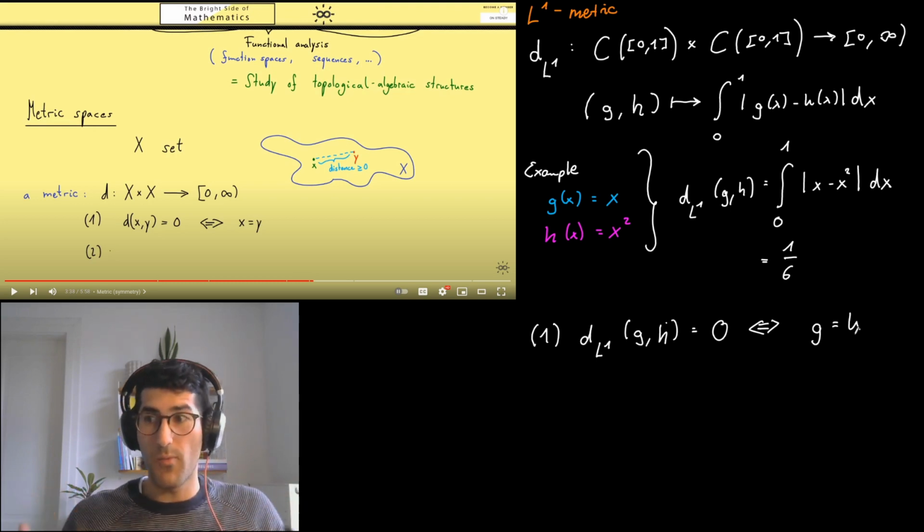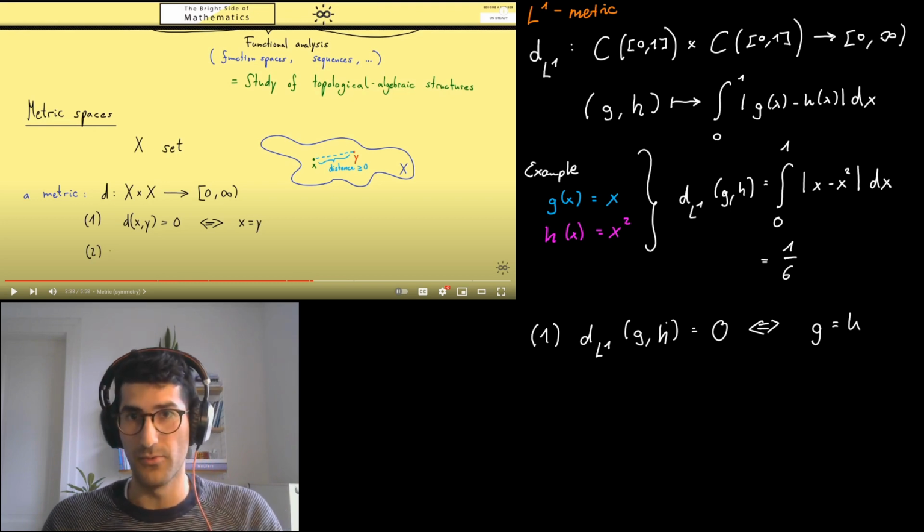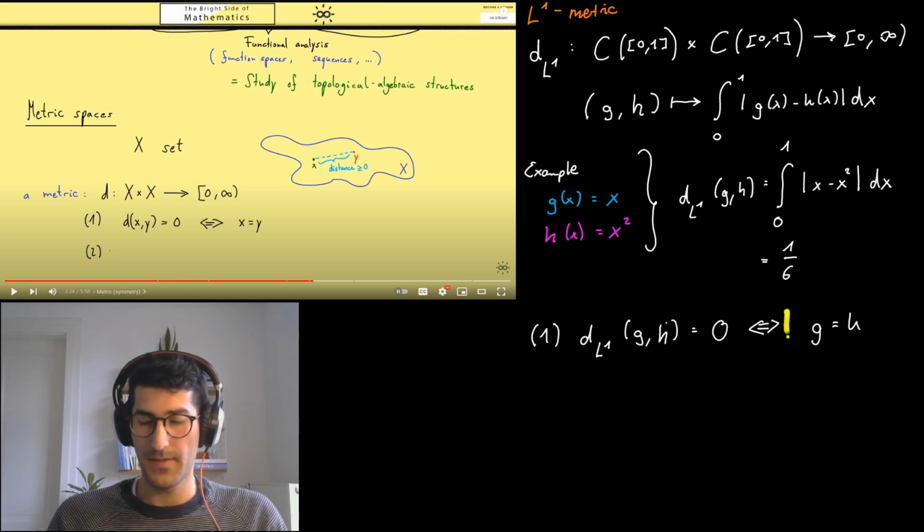So how would we verify that the metric defined above fulfills this property? Well, we would need to prove this equivalence here.